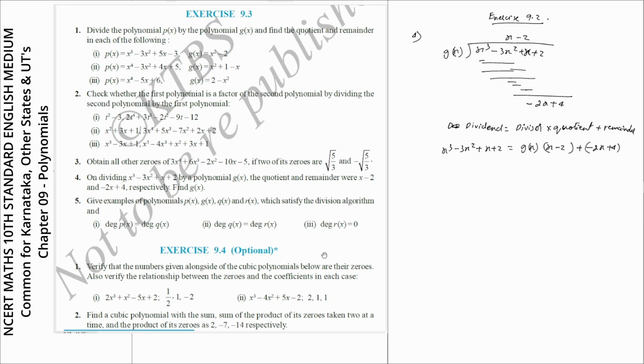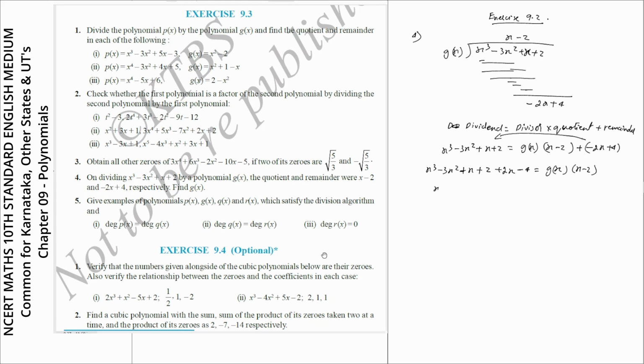Okay, now I'll bring the remainder to the left hand side. So x cube minus 3x square plus x plus 2, if I bring the remainder to the left hand side, minus 2x becomes plus 2x and plus 4 becomes minus 4. So this is equal to g of x into x minus 2.